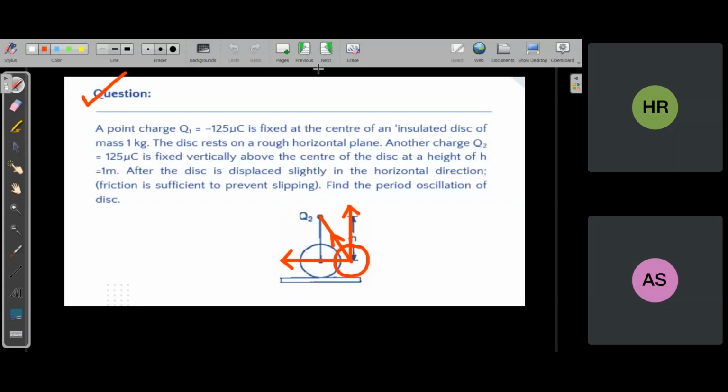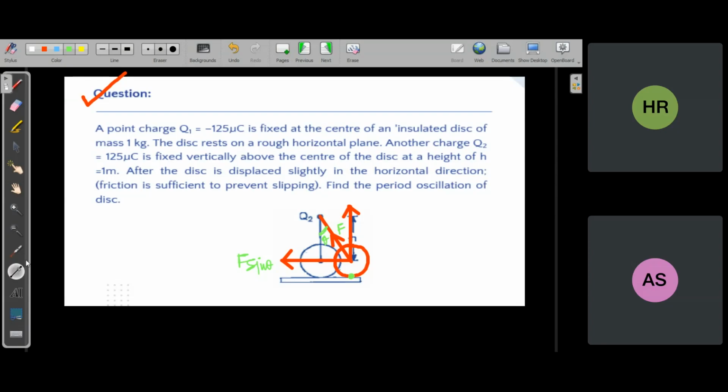See this here. This force is nothing but F sine theta, where this angle is theta. This component of force will be nothing but F sine theta, the horizontal component. And this F sine theta component is producing a torque about the point of contact.